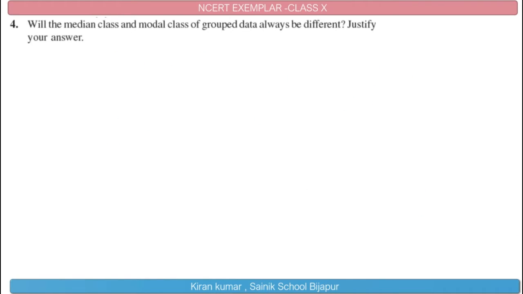Question number 4. Will the median class and the modal class of grouped data always be different? Justify. Median and the modal class may be the same if the modal class is the median class, which is not always possible, because the number of frequencies may be maximum in any of the classes.